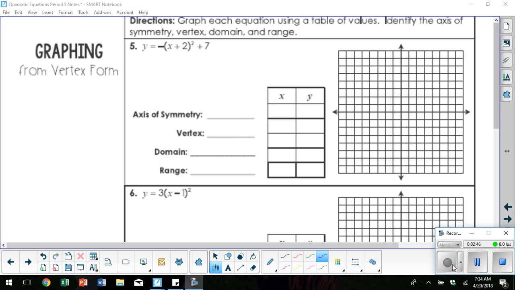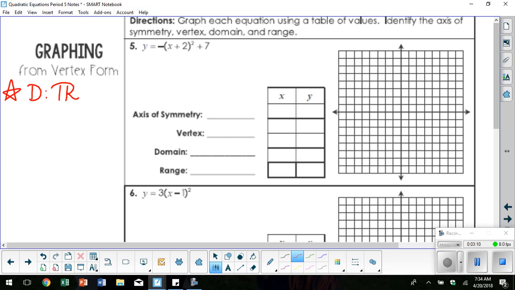Okay, so now, how do we graph this? Well, graphing is so much easier using the vertex form. Let's go over to this little area. For domain, it's always going to be all reals.